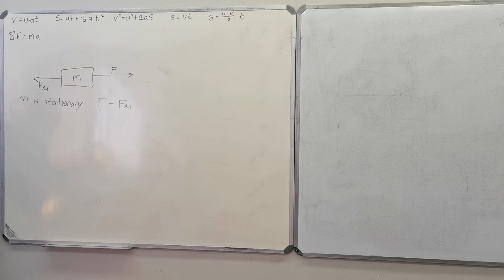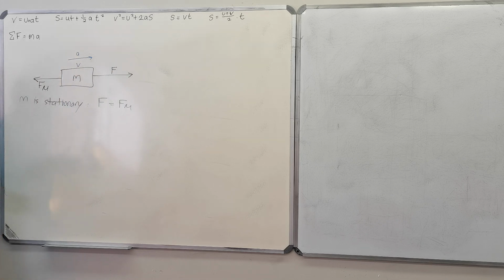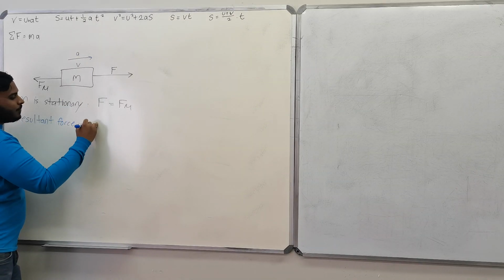Then they tell you that if M moves at uniform velocity or acceleration, so if you apply an acceleration at a constant value or a velocity at a constant value, then your resultant force will be equal to this.